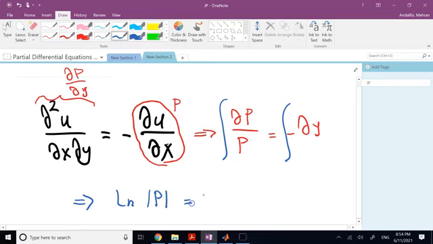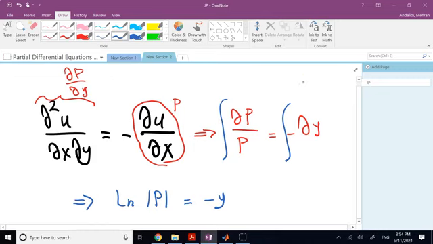And this guy is going to be what? Now here, pay attention to what you get here. Well, you might say, okay, partial derivative of y is negative y. That's right. But I tell you what, remember when you do indefinite integrals like this, you always have a constant, right?